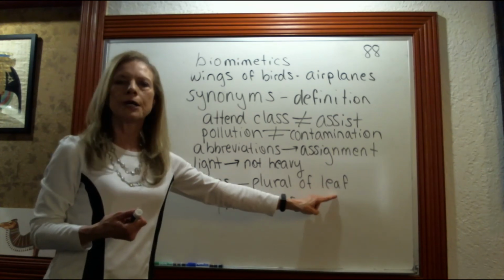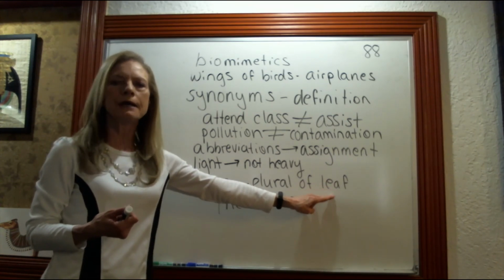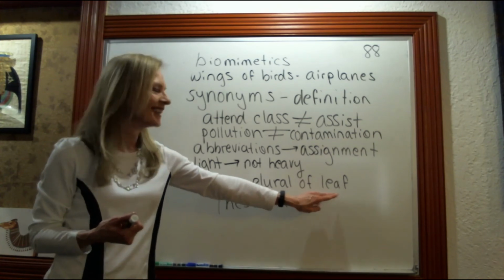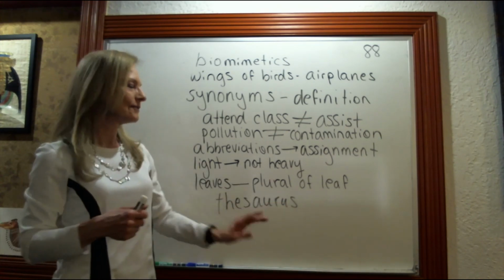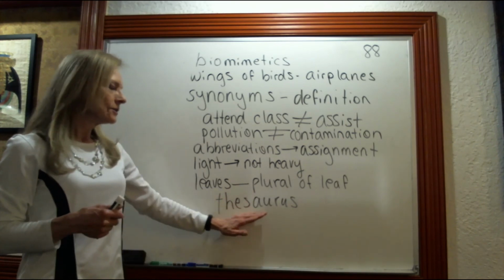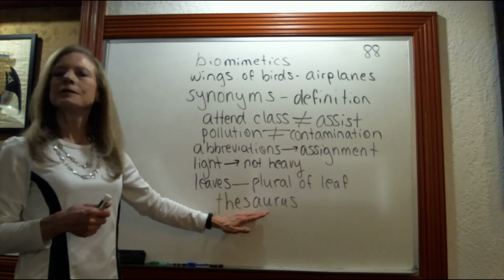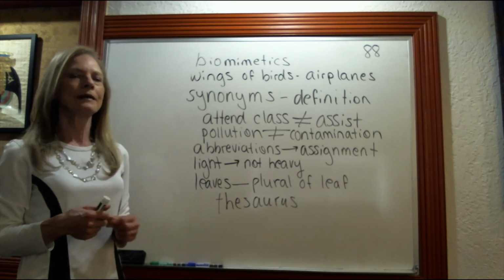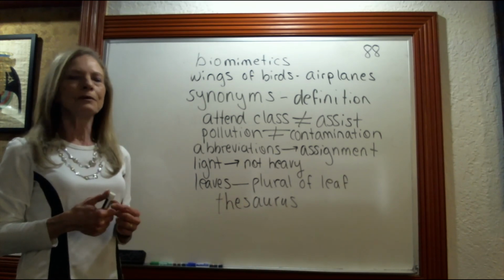We do that sometimes, remember? So leaf, leaves, wife, wives, elf, elves. We do that. Knife, knives. So if you want to look up the words, make sure you look in the thesaurus and it will probably tell you the right way to use these different words.